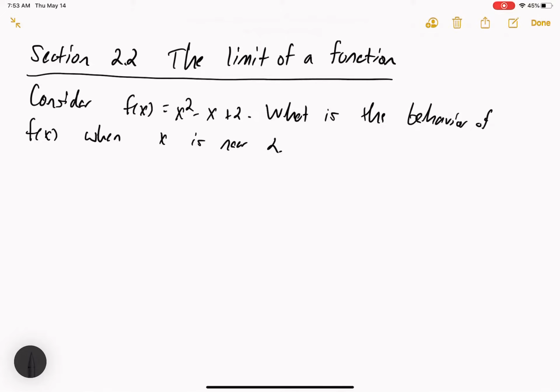What that means is, if we look at the graph, which I'm going to sketch out right now, what is the function doing whenever x is 1.9, 1.99, or 2.1, 2.001, values that are close to 2.